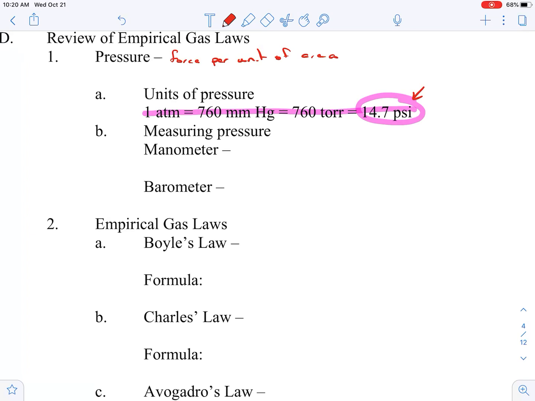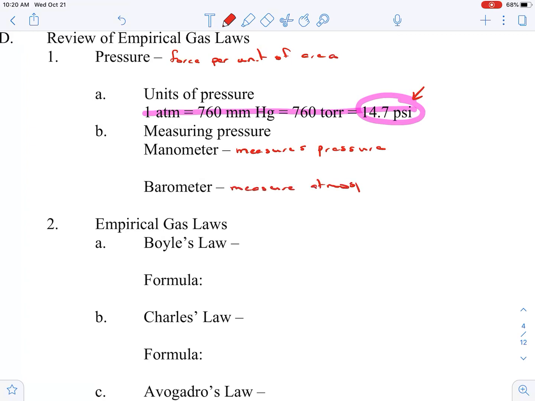So how we measure pressure, and this is just a quick review of vocab. First off, a manometer is one that just measures pressure. This could be in the lab. We could use a manometer. And then we have the barometer, which measures atmospheric pressure.